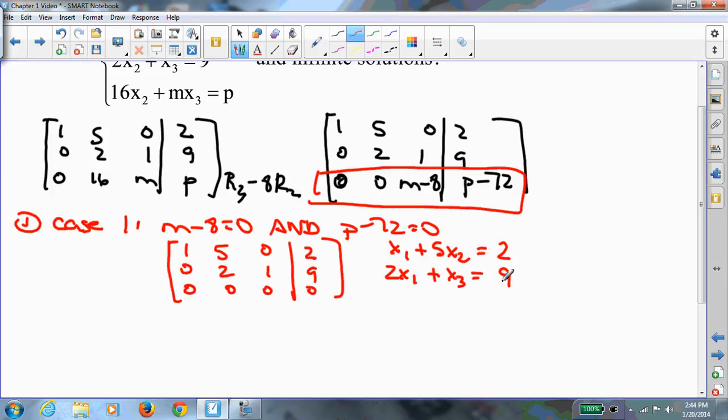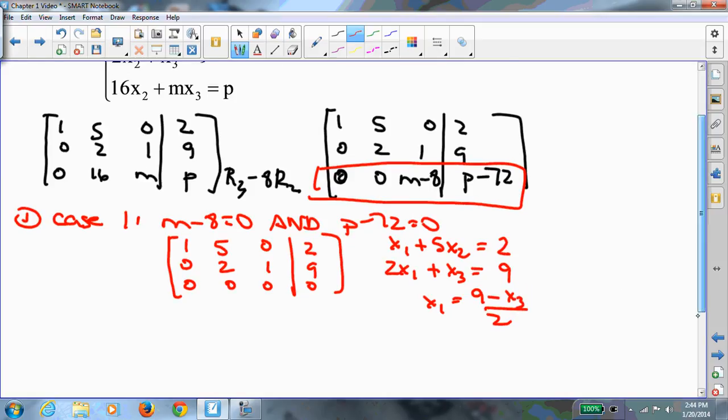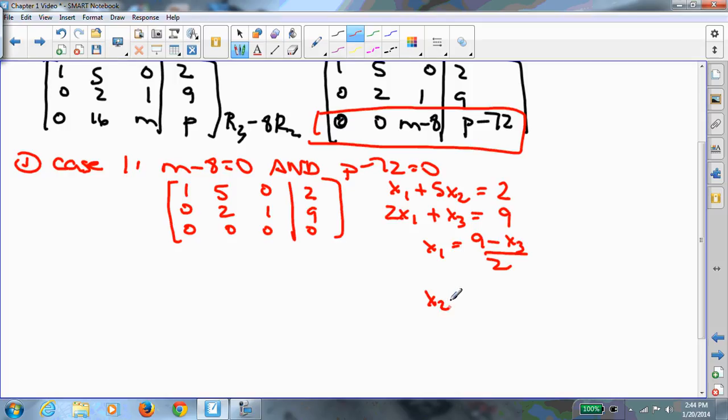But notice I don't have a third equation, which means this is going to end up with infinite solutions. If I were to solve this, it would be something like x1 equals (9 minus x3) over 2. And then if I solve for x2, it would be (2 minus x1) over 5. But x1 I can resubstitute with (9 minus x3) over 2, all over 5.